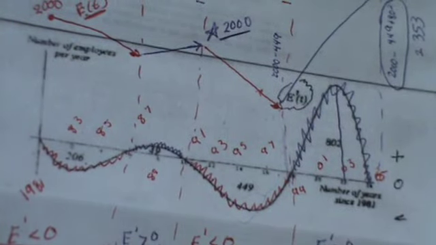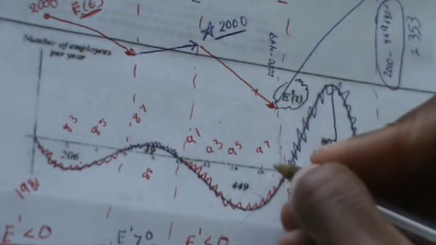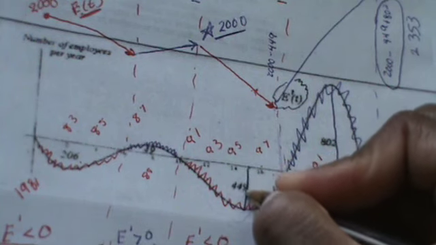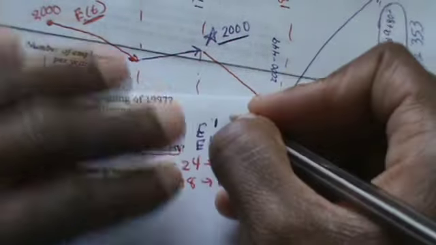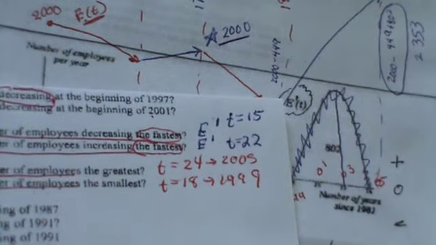And then the other one says, when is E prime at its least value? And I would say that's somewhere in here. Kind of hard to see it, right? The lowest E prime is about t equals 15. I'll let you guys change those to specific dates.